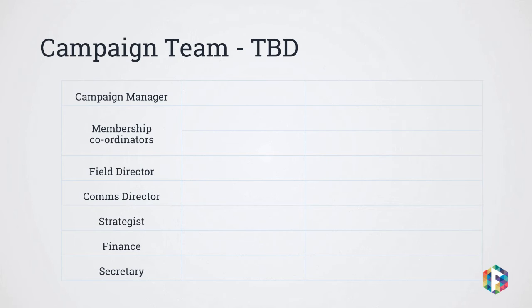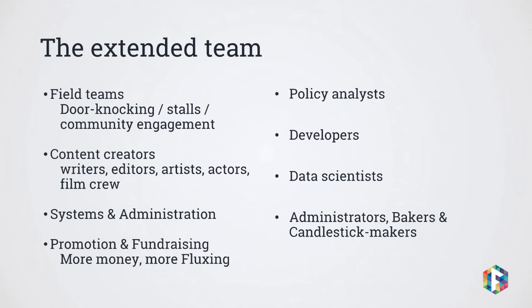The campaign team is still to be determined, but these are just an example of some of the roles that are involved. There are some people who we have in mind for some of these, but if there are areas where you'd like to get involved, absolutely let us know and we'll bring you into the loop.